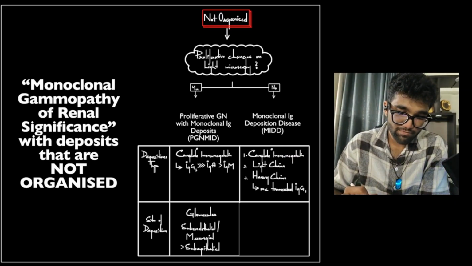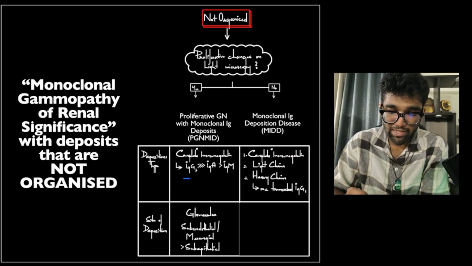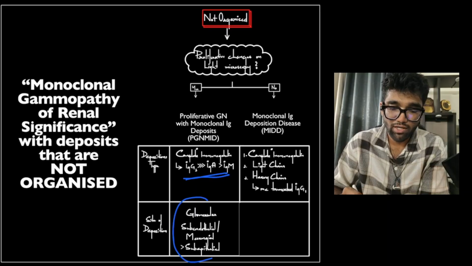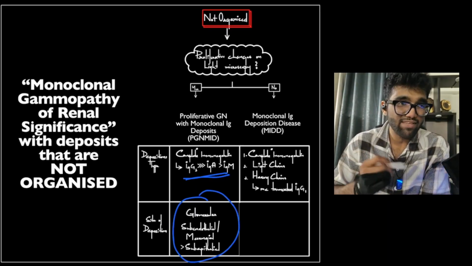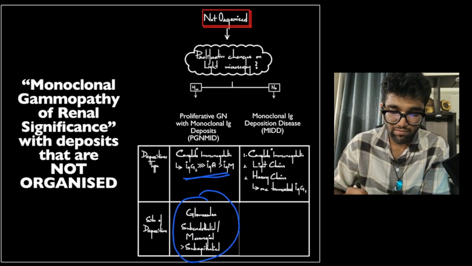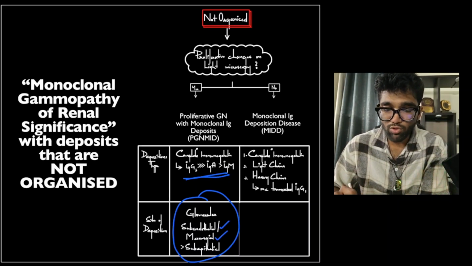Now, the site of deposition of this complete immunoglobulin is always glomerular. That is why the process is predominantly within the glomerulus. So in the glomerulus, as we would expect, because it is membranoproliferative, it is subendothelial or mesangial more than subepithelial.